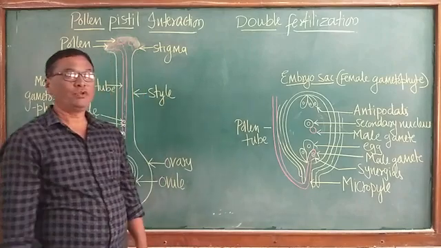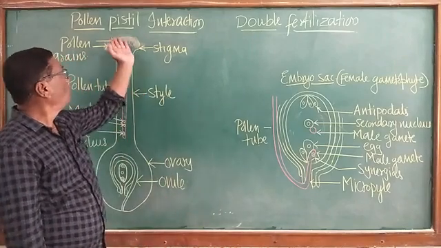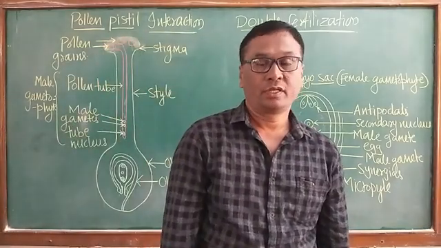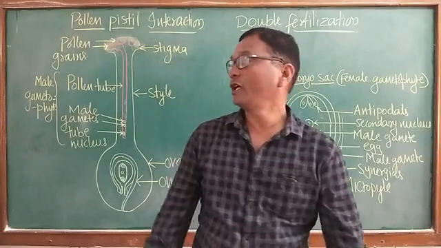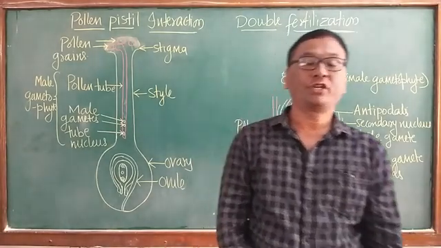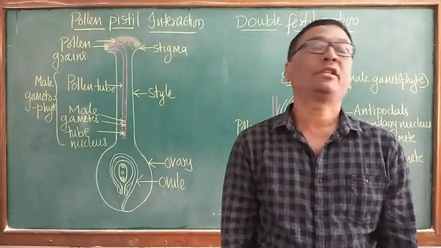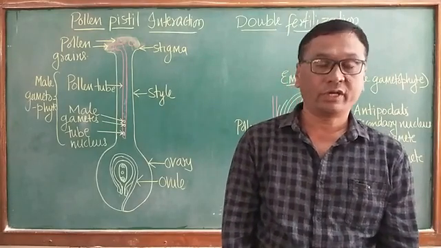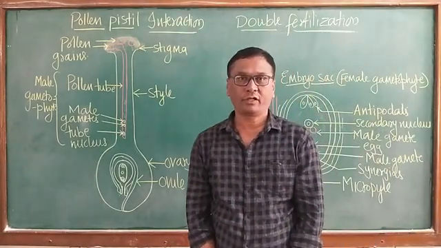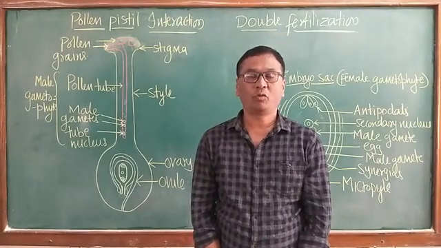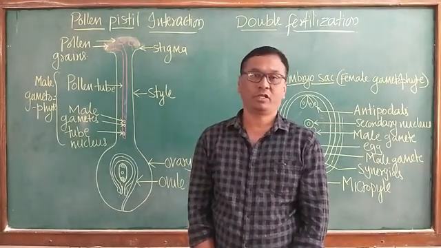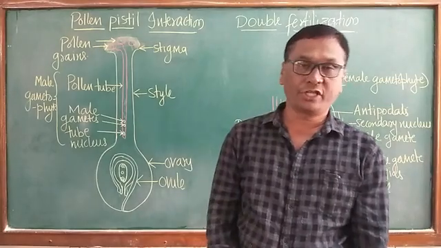Today we shall continue the chapter with pollen pistil interaction. As you know, we are studying sexual reproduction in flowers, and in that we have studied the flower, the development of male gametophyte, development of female gametophyte, then pollen grain, pollination, and now we are going towards the study of the process of fertilization.